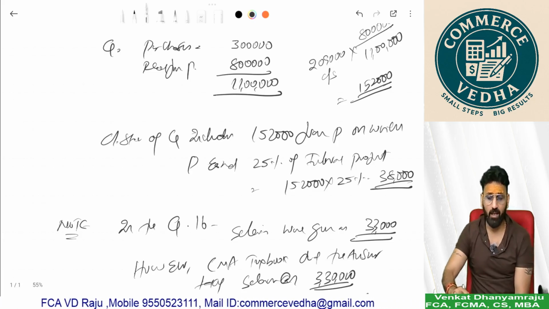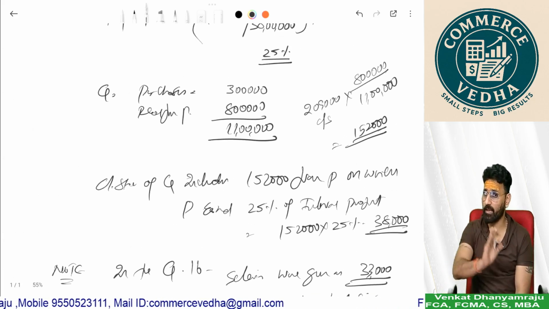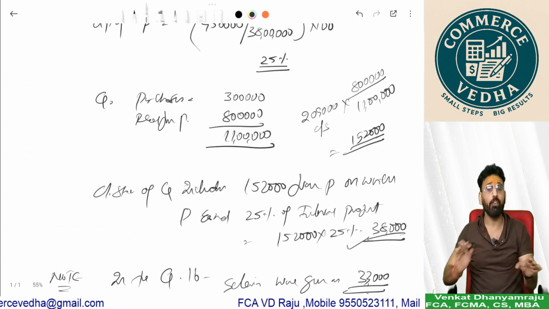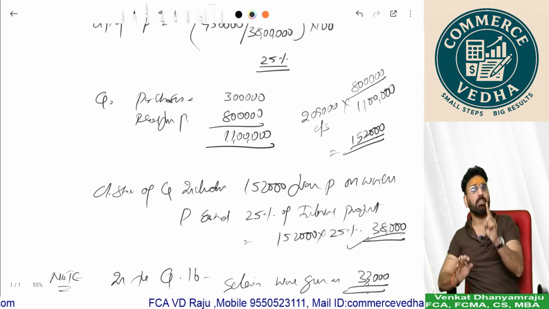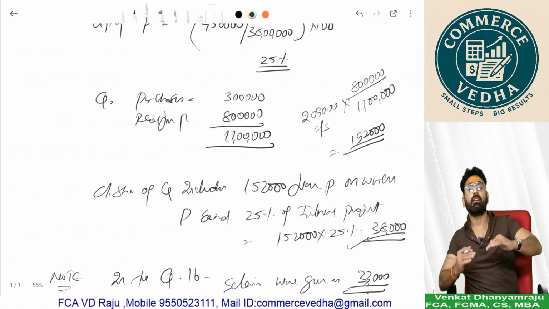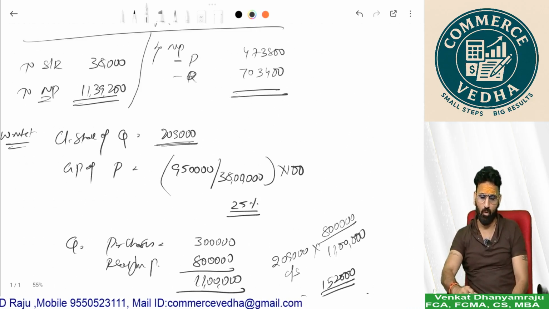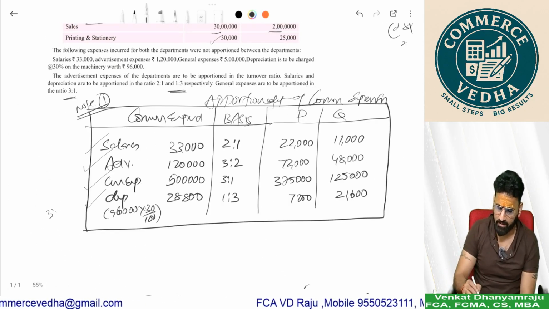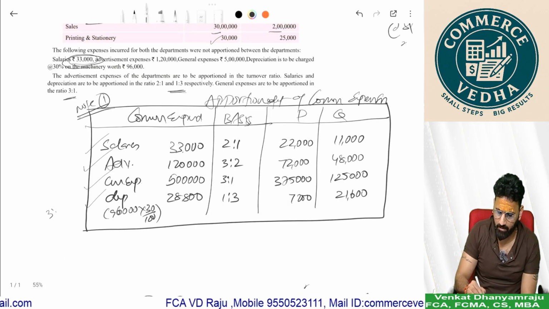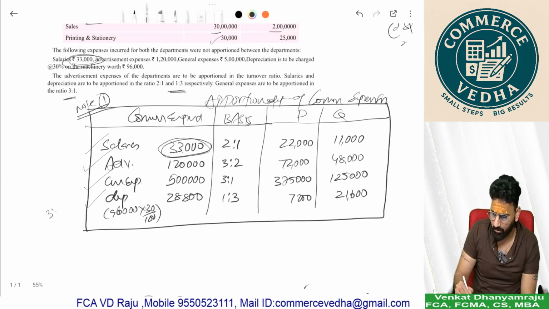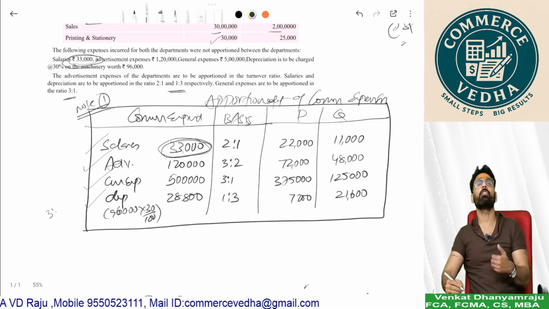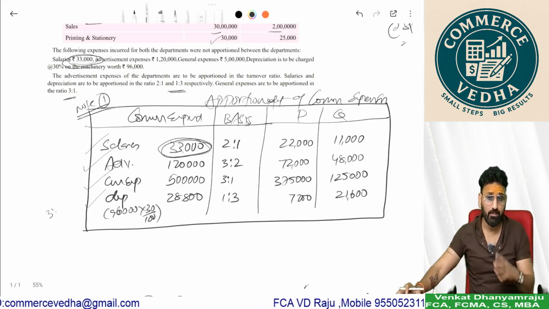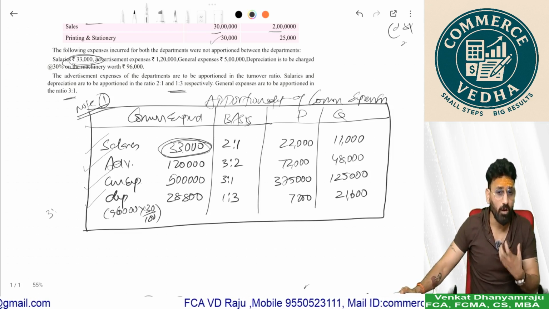Hence, your final answer will differ from the textbook, but the stock reserve and all will not differ, because the only mistake is taking the salaries at a higher rate than what is given in the question. In the question, it is given as 33,000. I did my answer based on 33,000. Because of that, your net profit is more compared to the textbook solution. With this, question number 16 is also completed.